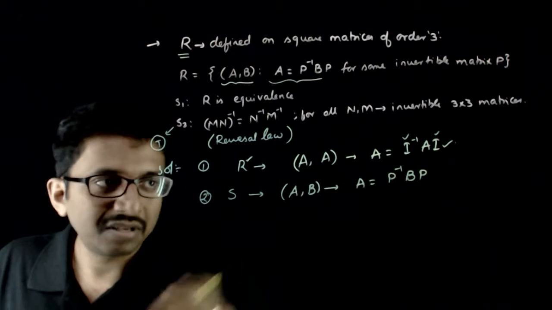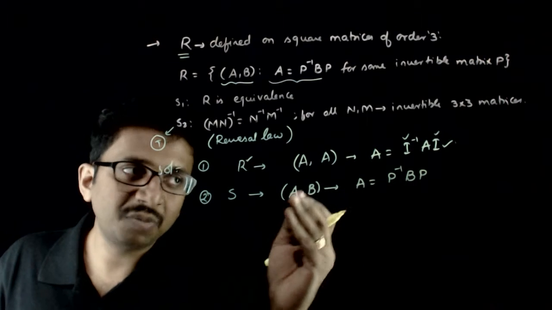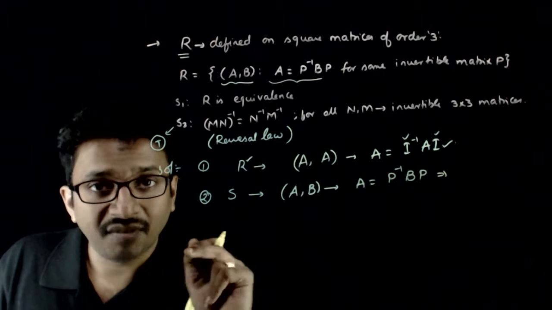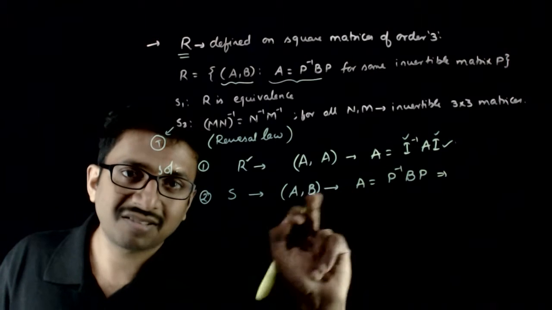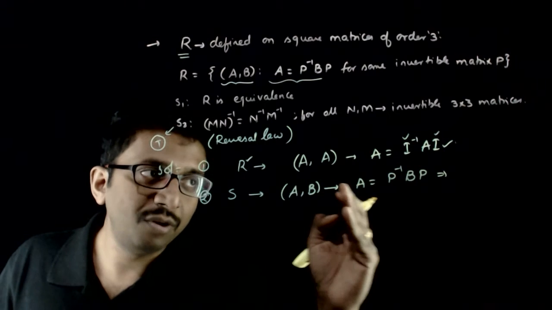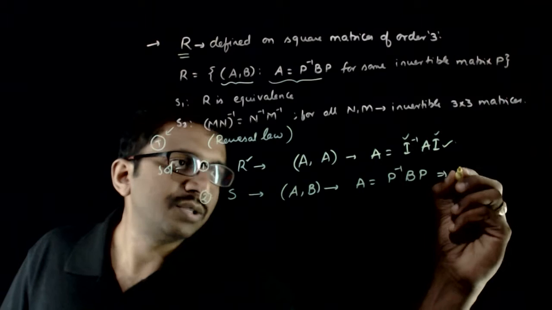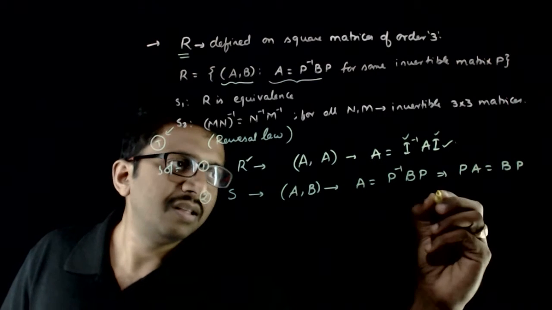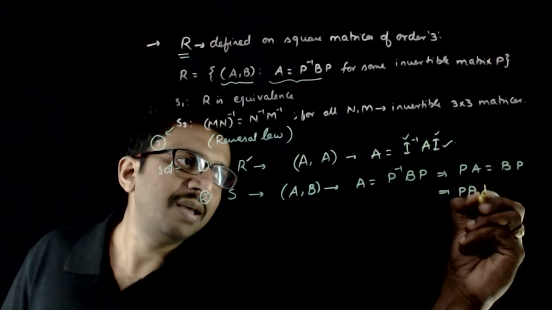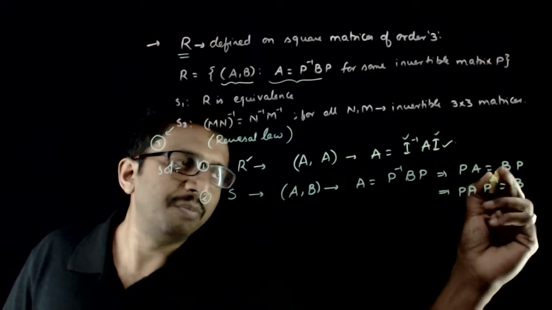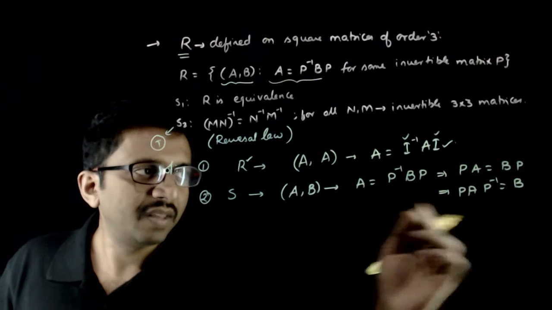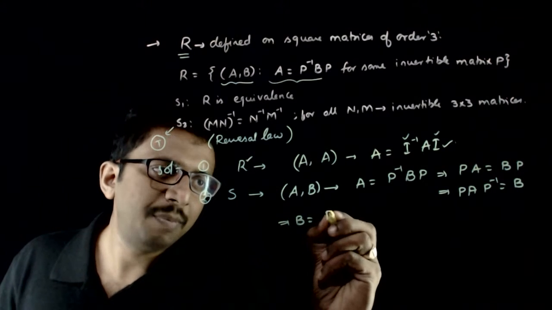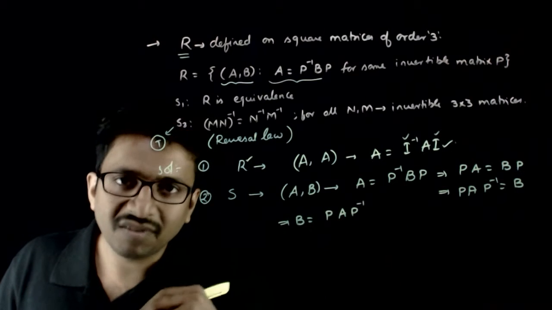Because P is an invertible matrix, I can uniformly multiply this with P. So PA will be equal to BP. This implies PA P inverse will be equal to B. P into P inverse is I. So this implies B can be written as P times A P inverse.